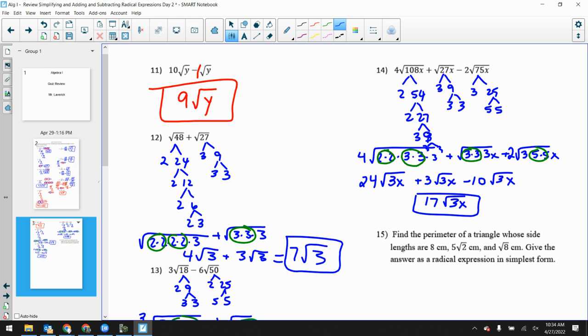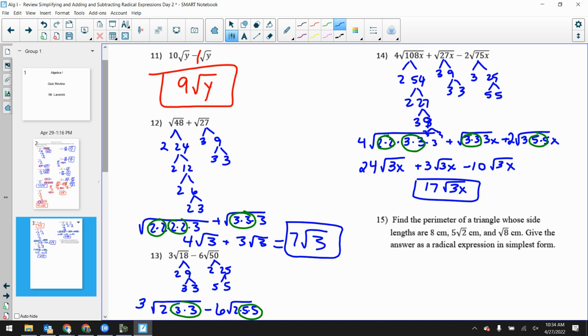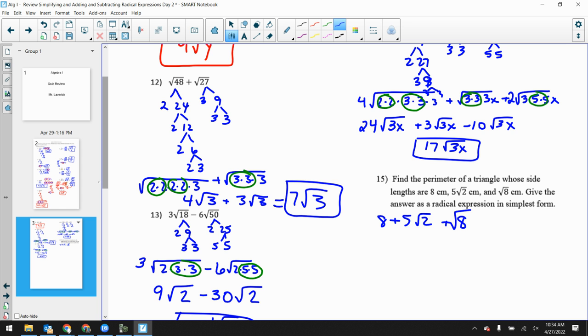Now, how do I find perimeter? Add the 3 sides. I add 8, 5 radical 2, and radical 8. The only one that breaks down is radical 8. 2 and 4, 2 and 2.